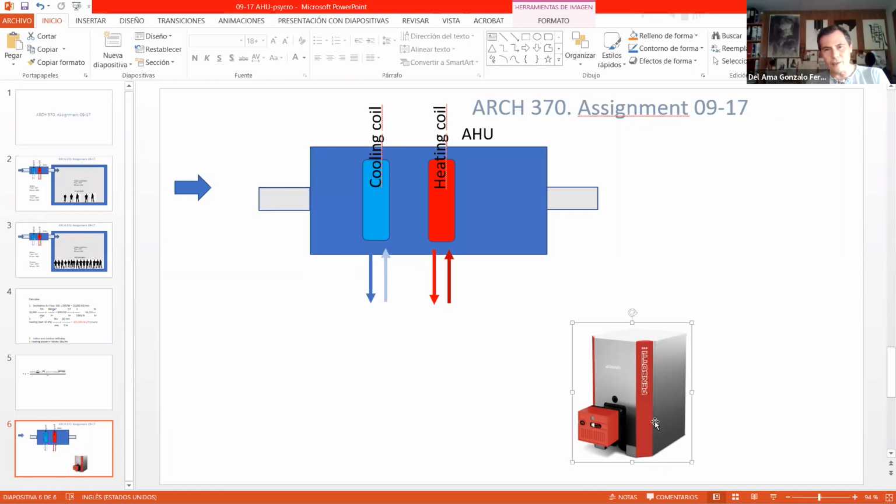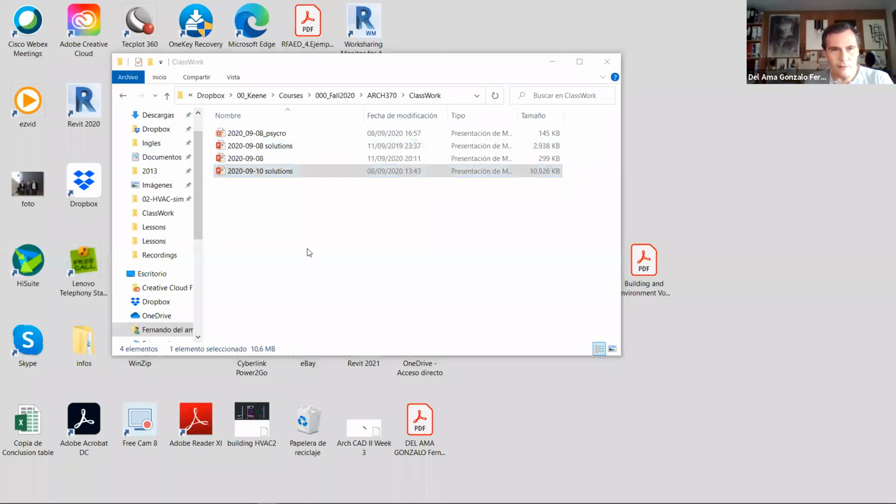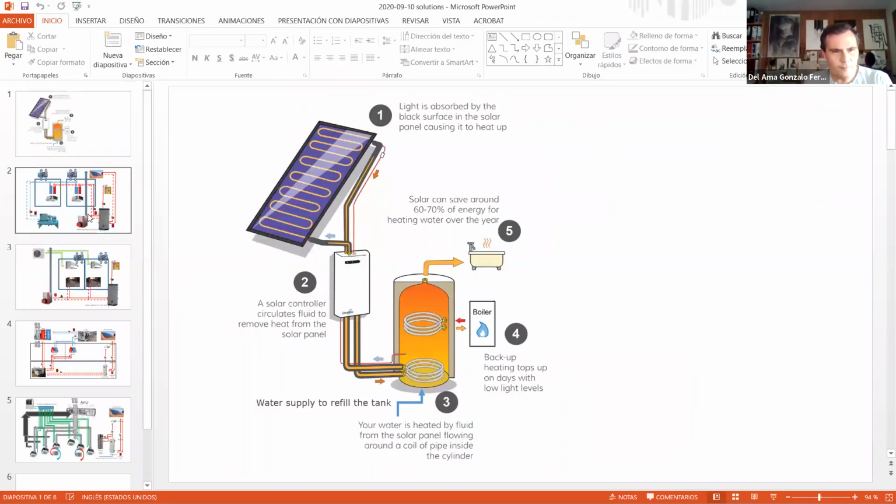And what else do we need? Well, we need different things. So first, we need a water pipe from the boiler to the heating coil. Okay, I have here different examples.